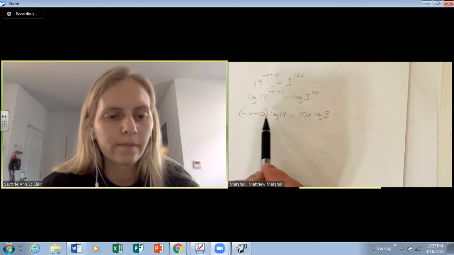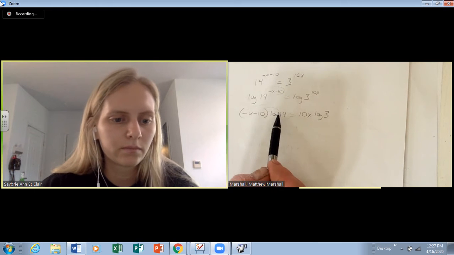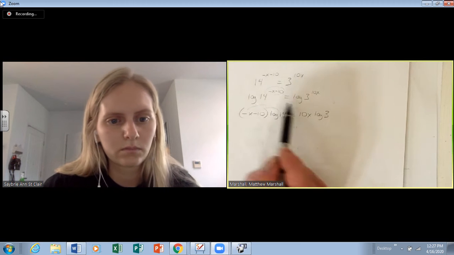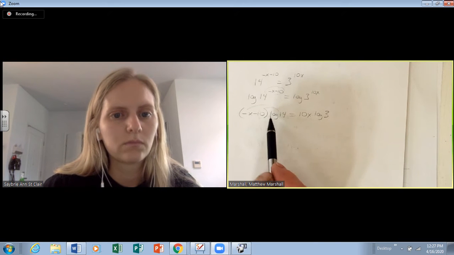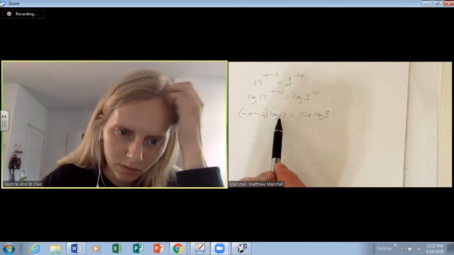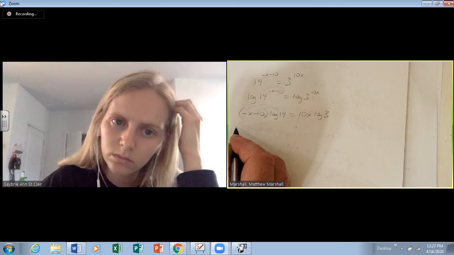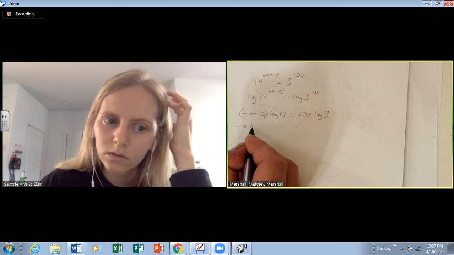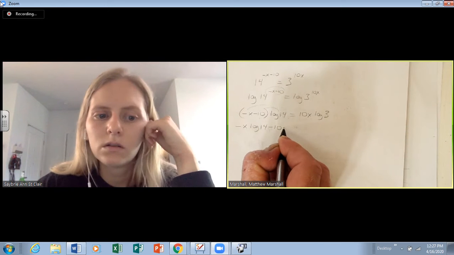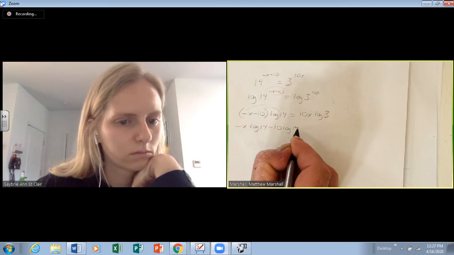I'm going to distribute this like I've been doing. And then the tricky part is rearranging it and taking the x out of it. That's what gets weird. But this part right here isn't too bad. Now when you distribute it, you have negative x log 14 minus 10 log 14.